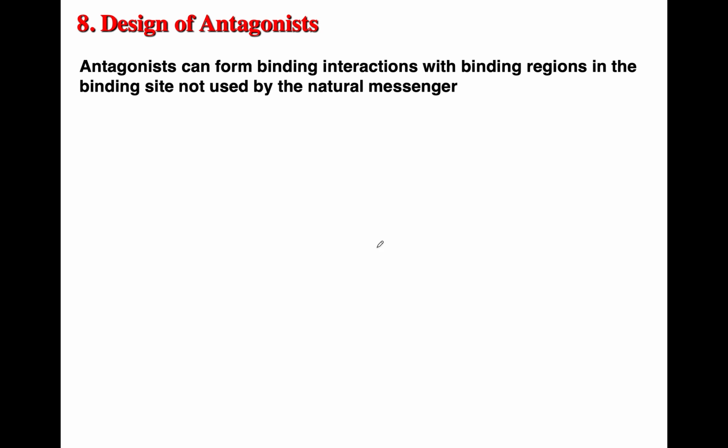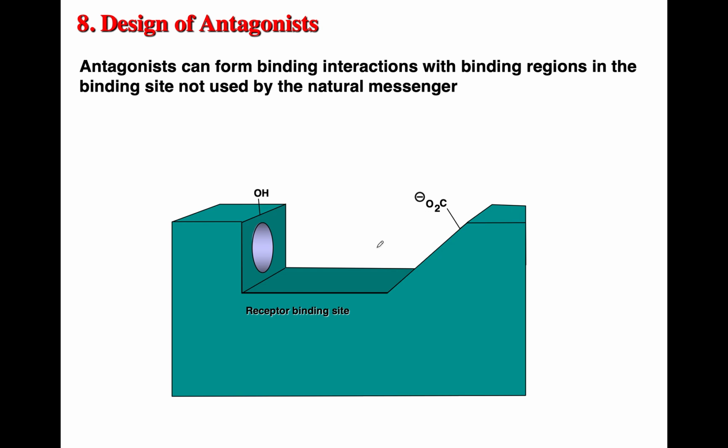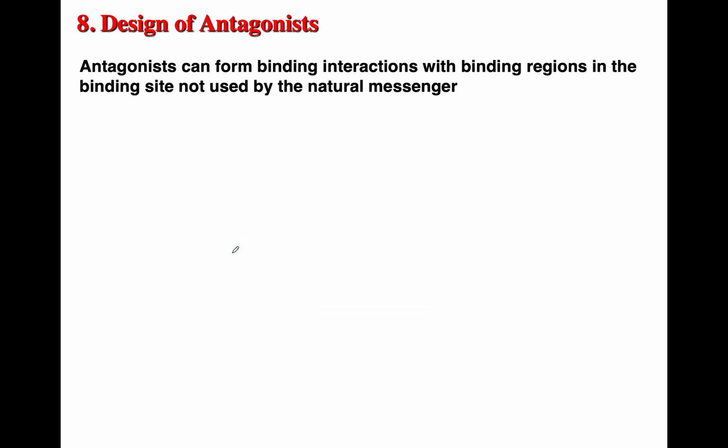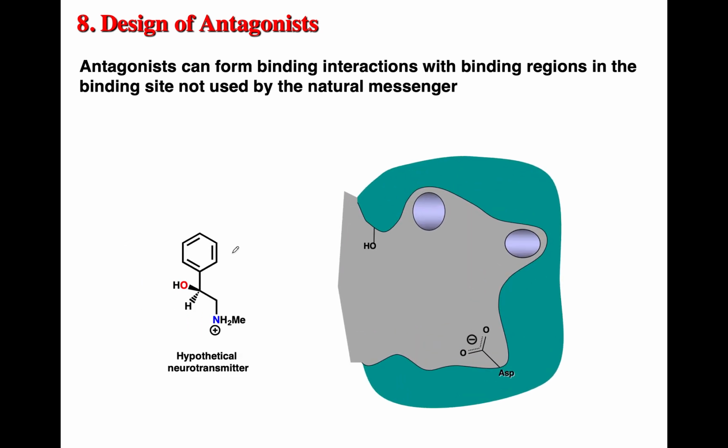Now, there are some other antagonists that can actually form binding interactions with other binding regions that are not used by the natural messenger. So there are some extra binding regions here that may not have been used by the endogenous chemical messenger, that will be used by the antagonist. So you have this hypothetical neurotransmitter here and this is the binding site.